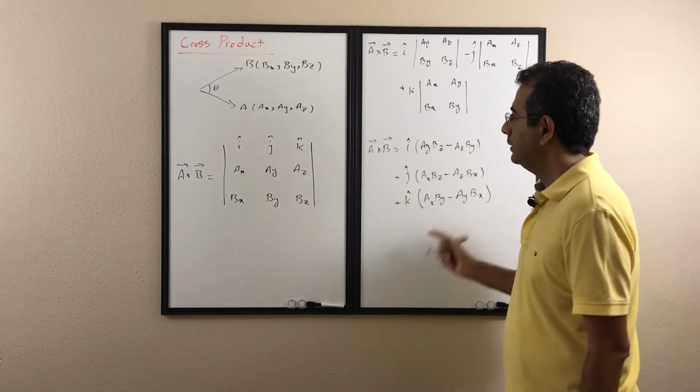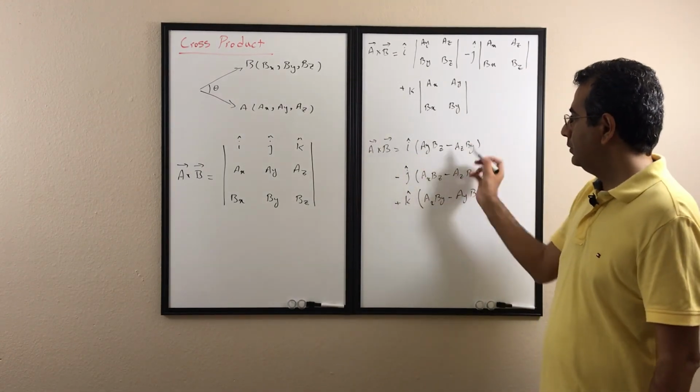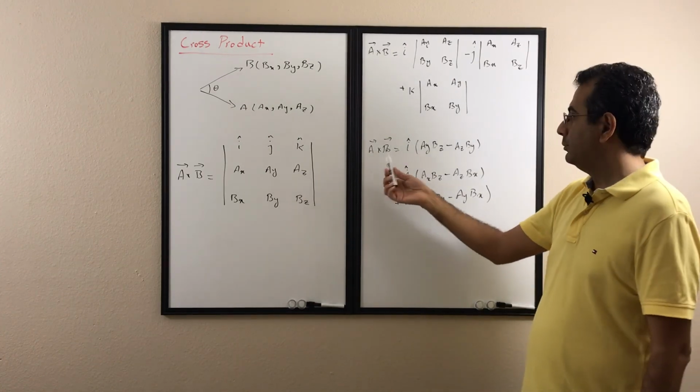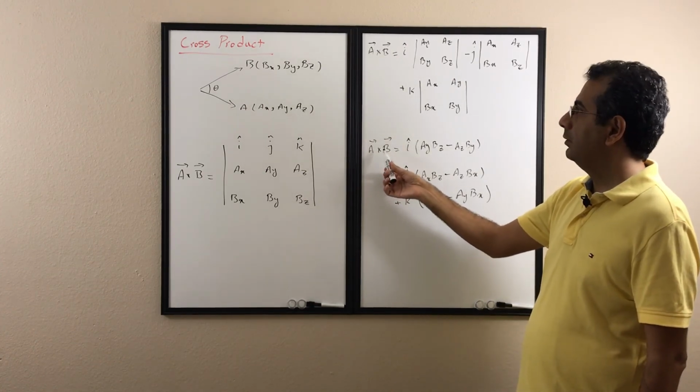So this is how we calculate the cross product of A and B.